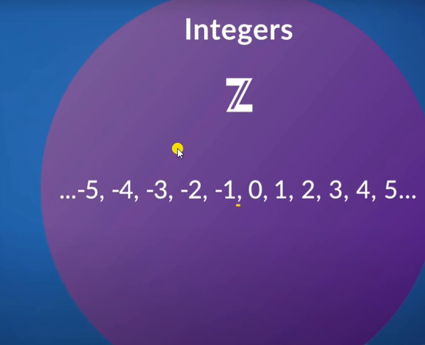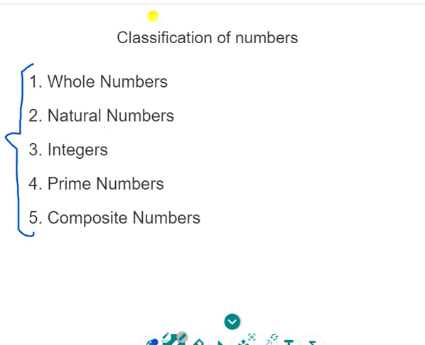Okay, so now we can say that all natural numbers and whole numbers are integers, but all integers are not natural numbers or whole numbers because of the negative numbers, which are not natural numbers or whole numbers. Okay, so we have done whole numbers.